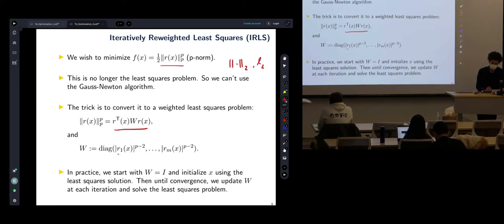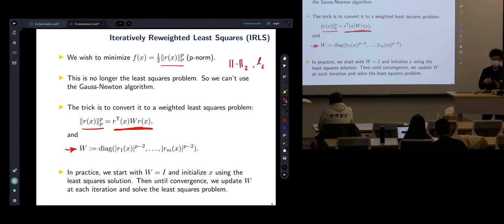The weights are defined to be diagonal, the absolute value of each residual raised to the power of p minus 2. So when you calculate the right-hand side with the given weight, it is still evaluating the p-norm. We have not changed the optimization.